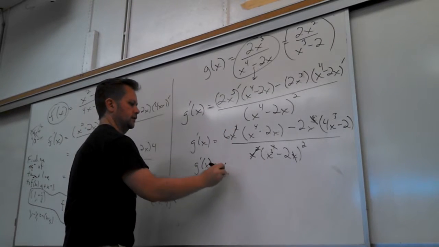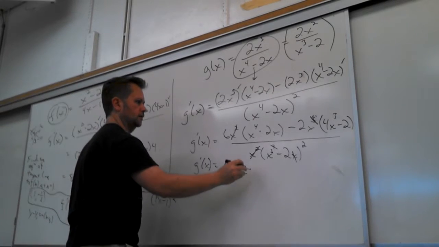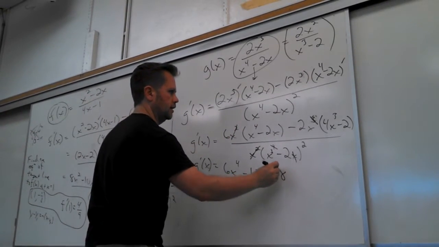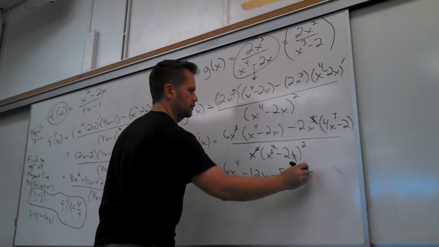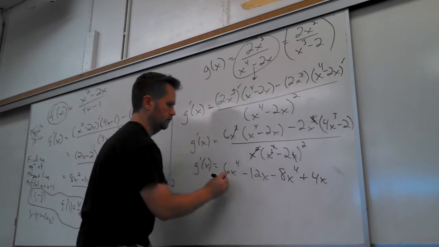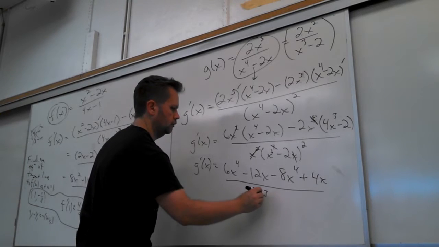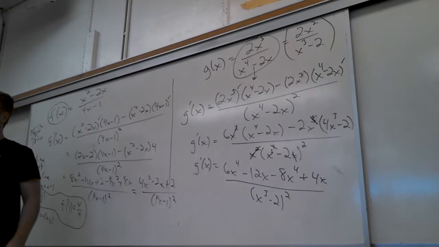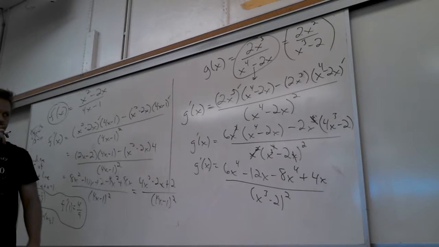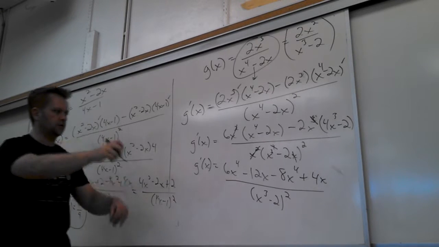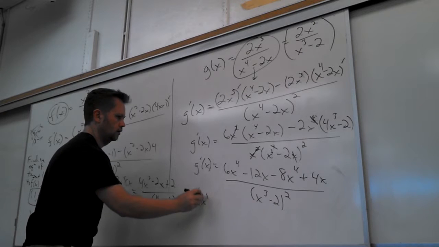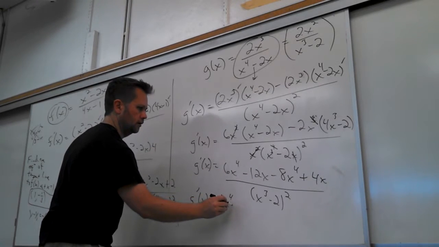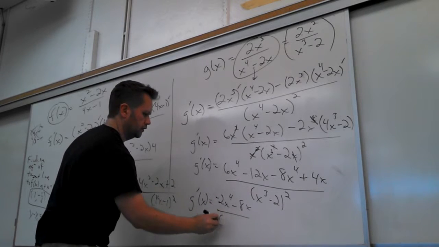And so now I got 6x⁴ minus 12x minus 8x⁴ plus 4x, all over (x cubed minus 2) squared. Now you put your like terms together. So you're going to get negative 2x⁴ minus 8x all over this.